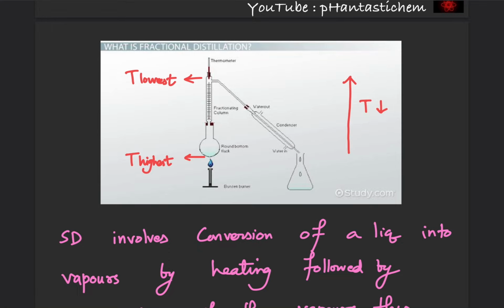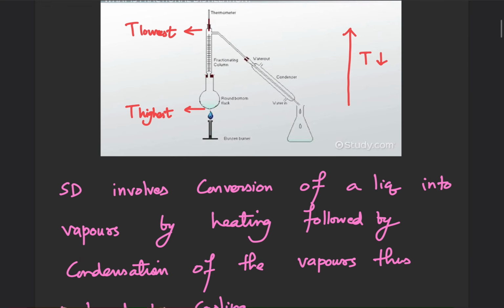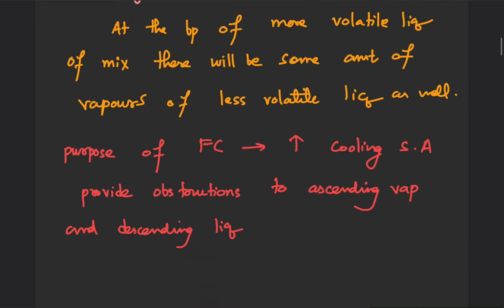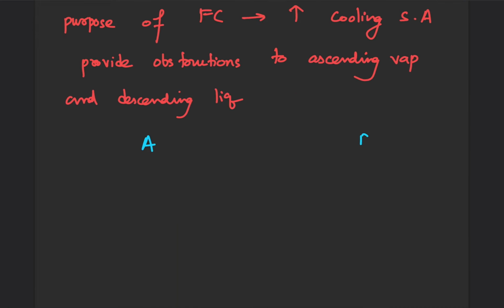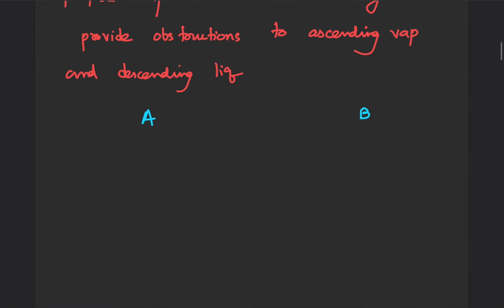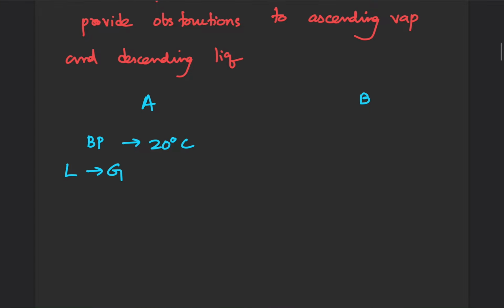Okay, so let's say that, for example, we have a mixture of A and B. A's boiling point is 20 degrees Celsius. Obviously, at boiling point, liquid changes into gas. Also, the gas or vapor will change into liquid at the same temperature.